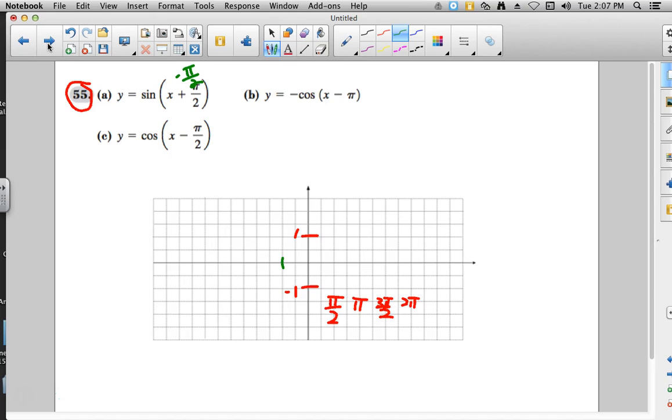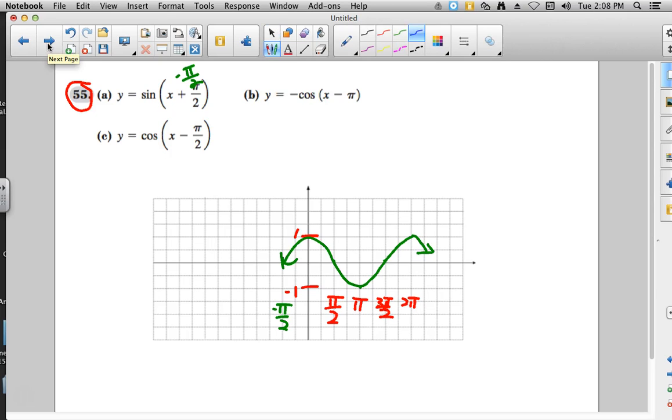So we would be starting our sine graph back here at negative pi over 2, and that would be axis, high, axis, low, axis, high. All right, so there's the graph that we want to match.